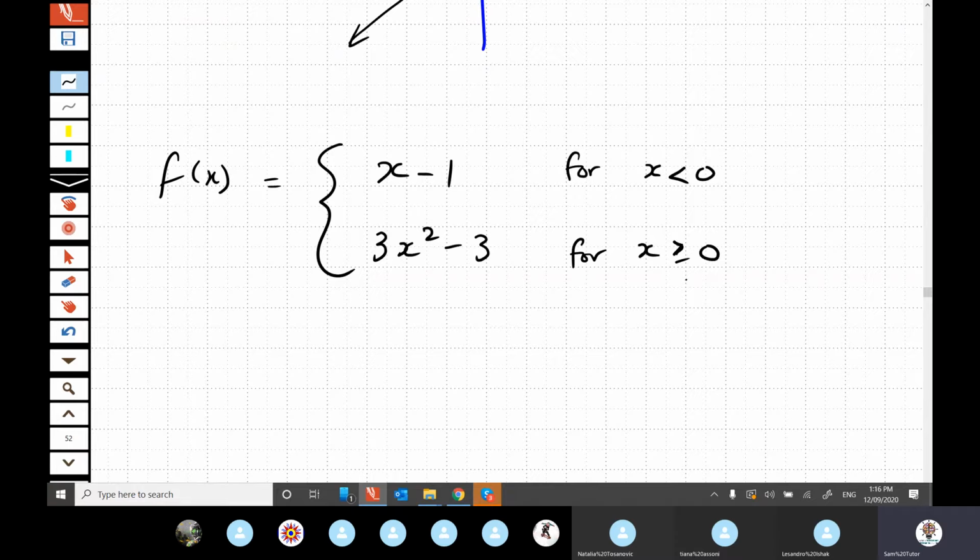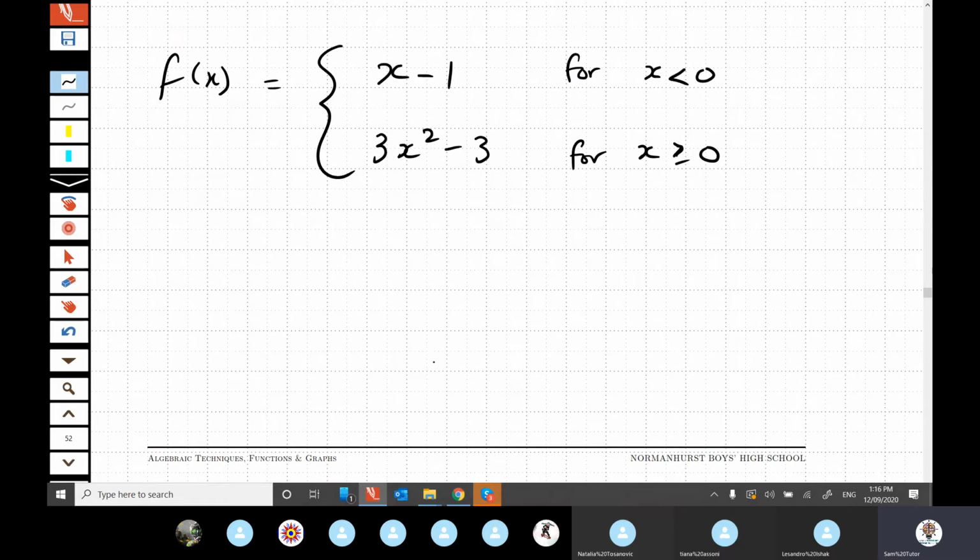Excuse me. Thank you. 3x squared, take away 3. All right, go. So for x less than 0, it's this one. For x greater than or equal to 0, it's this. Try to see if you can draw that.